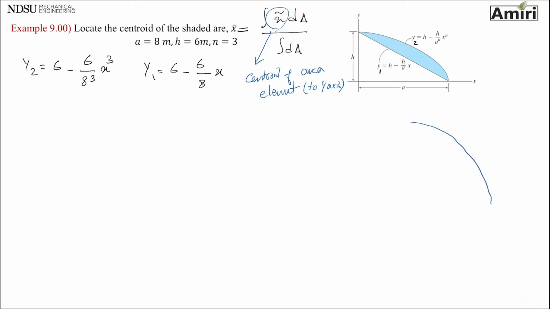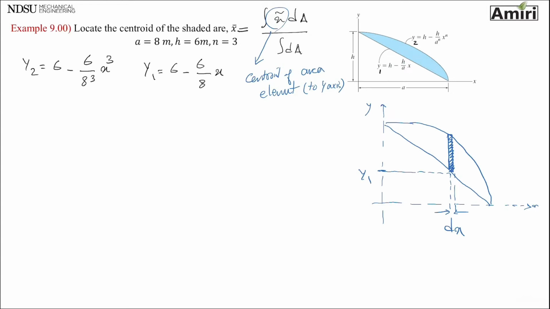Let me redraw it here quick. Something like that. I'm going to take an element like this. Okay. So I have x, I have y. This element has differential width of dx. This point right here is on function 1, which is y1.